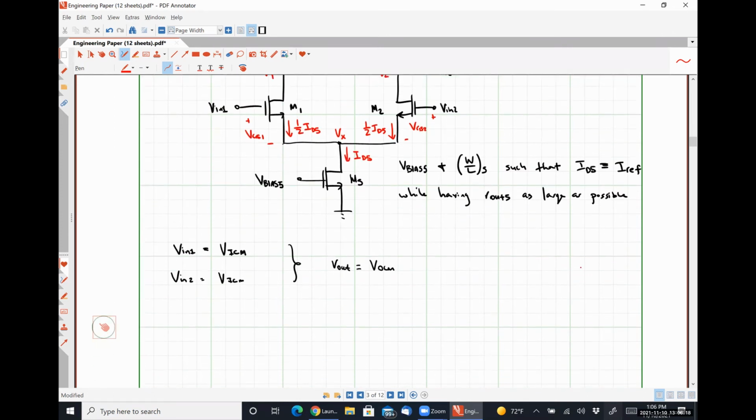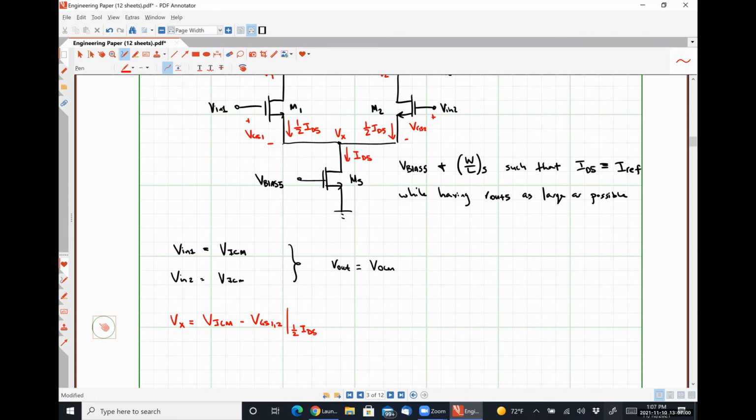All right. So from that relationship, we can say that our voltage at node X, which is the drain voltage for transistor M5, is VICM, our common mode input voltage, minus our DC gate source voltage, VGS1,2, and that voltage depends on that current ID5 that's flowing through it, right?